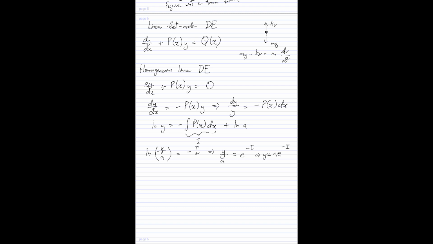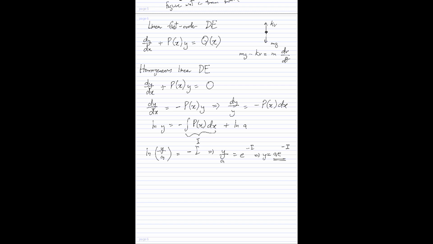So if this is your solution for the case where q is equal to 0, my guess would be that if q is non-zero, you can imagine that if q is very close to 0, then a is approximately a constant. Because if q is 0, then a is certainly a constant.